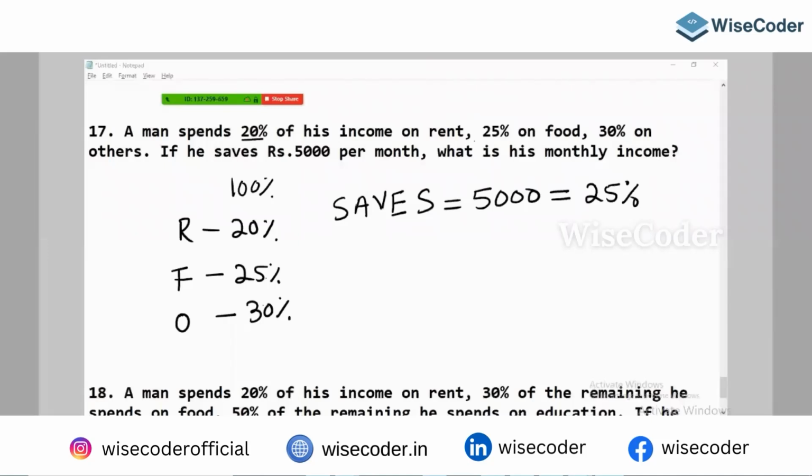If 25% is 5,000, then 100% is 4 times that, so 4 fives are 20. The total monthly income of that person is 20,000.